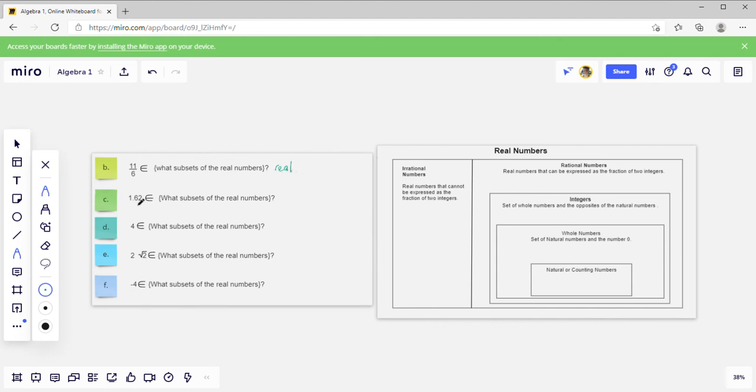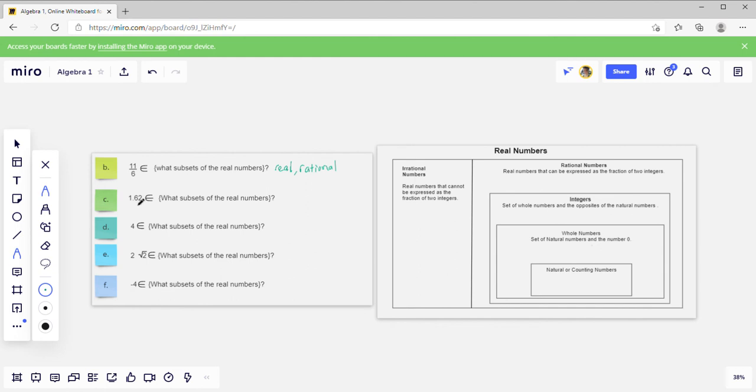Big box. And then is that rational or irrational? That would be rational because it can be expressed as a fraction. Would it be an integer? Set of whole numbers and the opposite of the natural numbers. No, it would not be an integer, so then we can stop because everything else is inside the integer box. So if it's not an integer, then it can't be a whole number or a natural number.